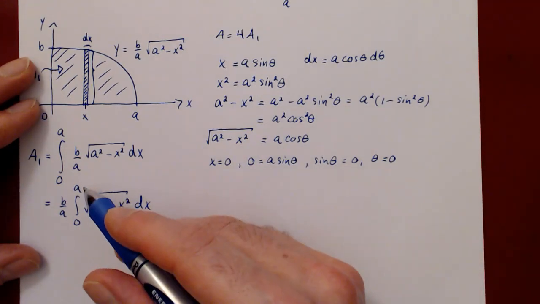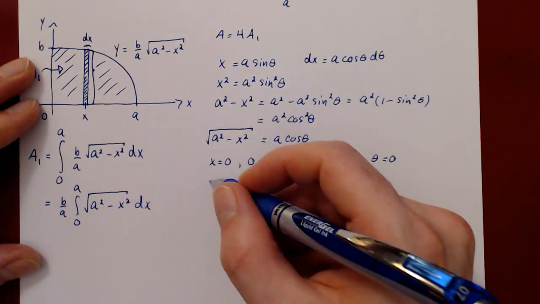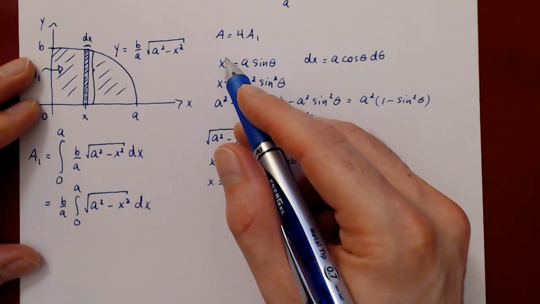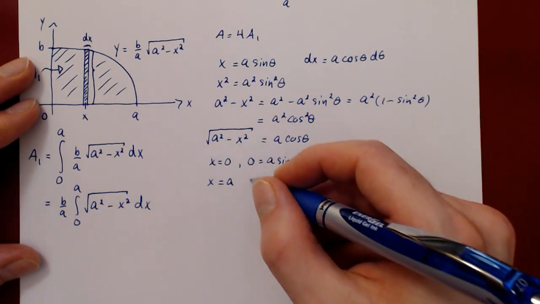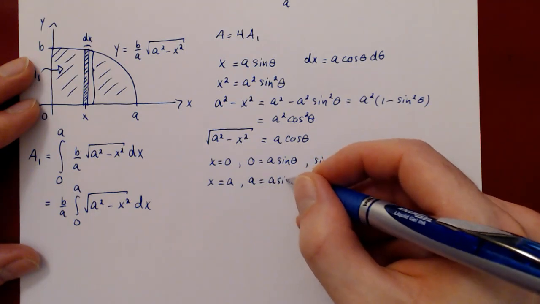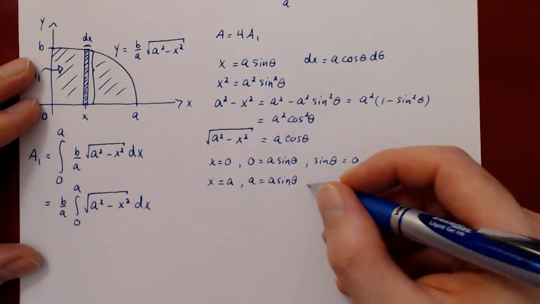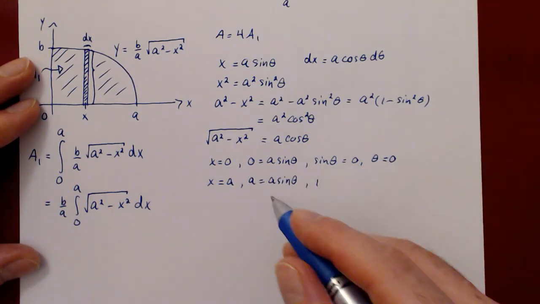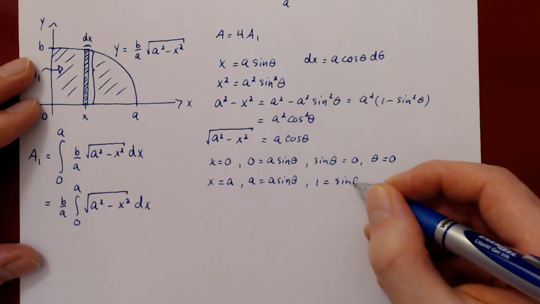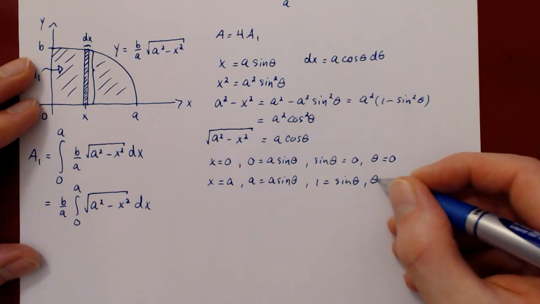We now need the other new bound of integration when x is equal to a. Well, if x is a, this becomes a equals a sine theta. Again, since a is a positive constant, we can divide across, and this becomes 1 equals sine of theta. And of course, sine of theta is equal to 1 when the angle theta is pi over 2.